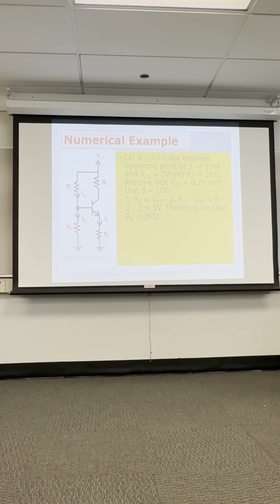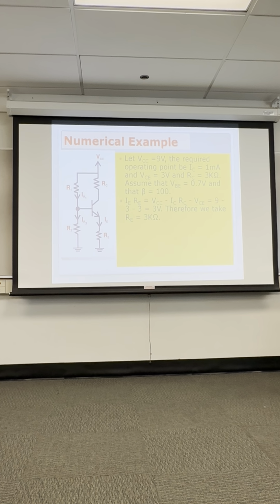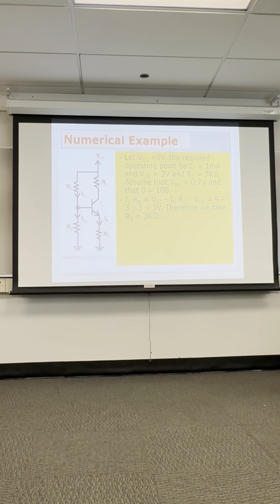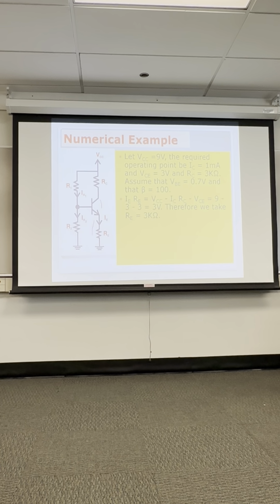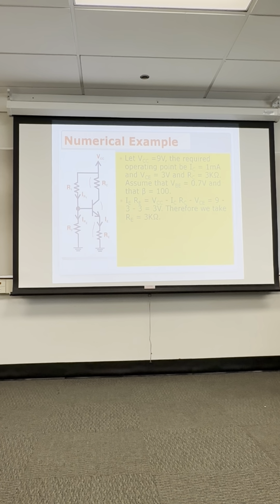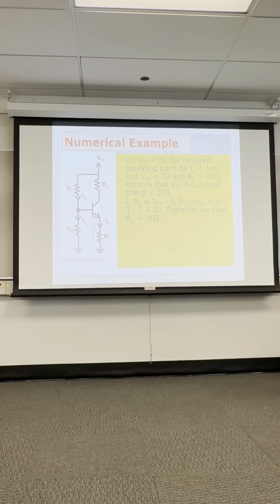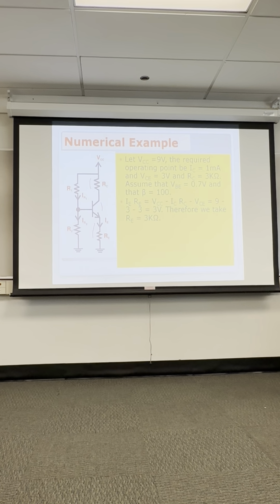Before, we indicated that we could use the rule of thumb that the collector emitter voltage is equal to I sub E R E, and it's also equal to I sub C R C. So with that, we can set I sub E R E equal to battery minus I sub C R C minus V sub CE.